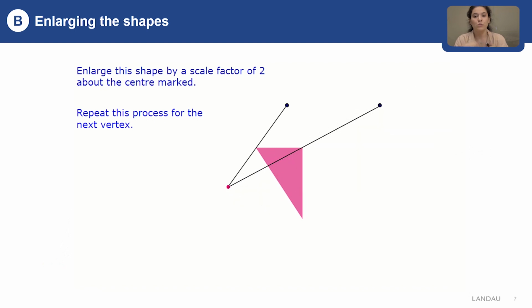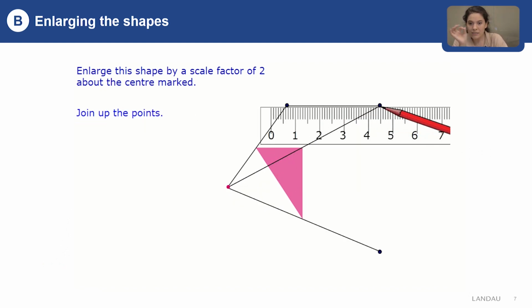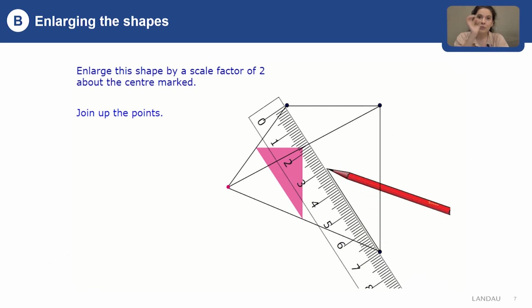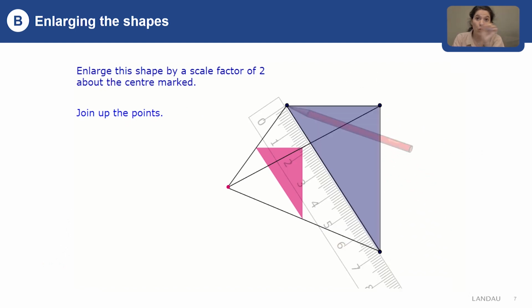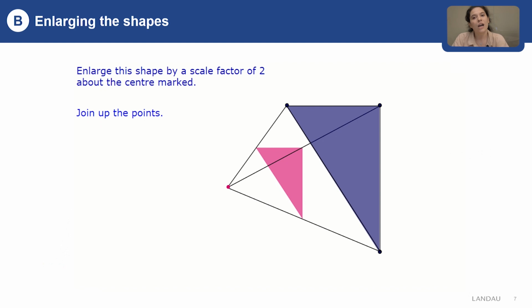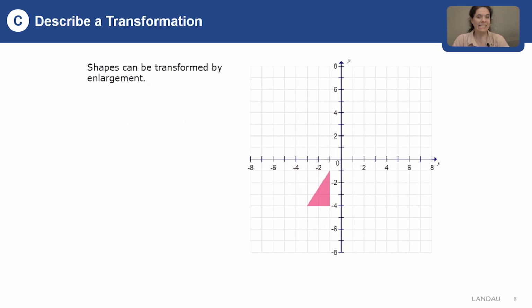Each of them should be multiplied by 2. Then I get 3 different points. At the end, when I join all these dots, I will get the enlarged form of the triangle, which is blue here.